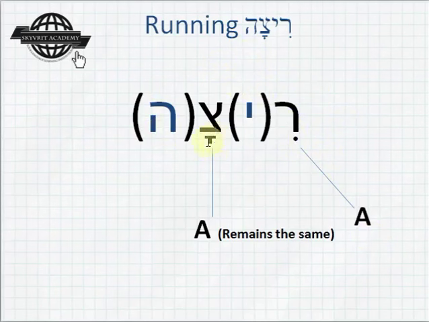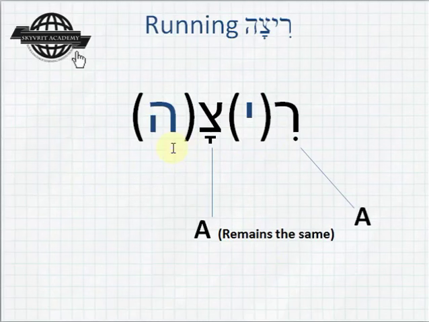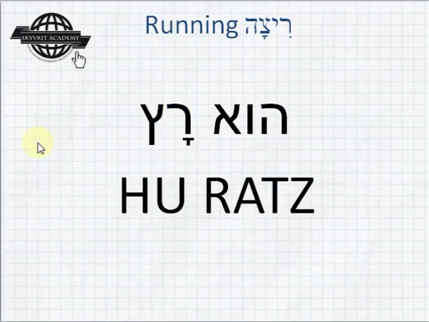Here, as you can see, we have kamatz, ah sound, so it remains the same. We don't need to change it. So it turns to hu rats. Hu rats. Can we see what we did here? We got rid of these two, and we got hu rats. Hu rats, he ran.